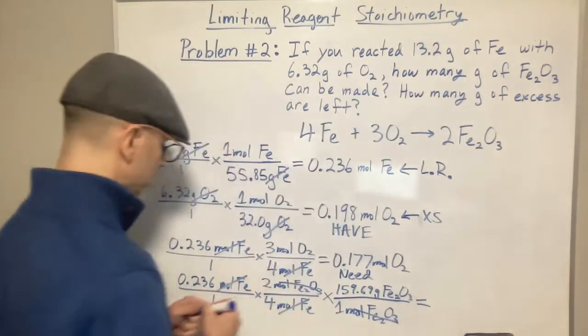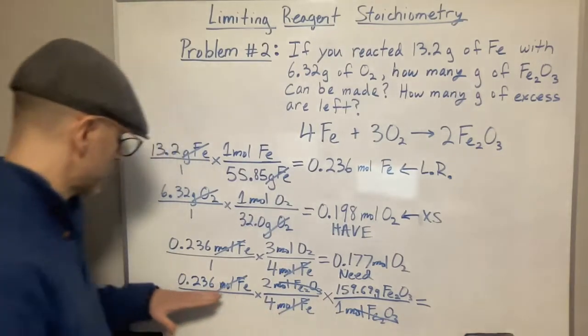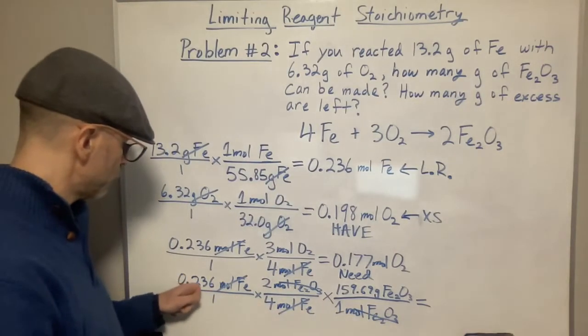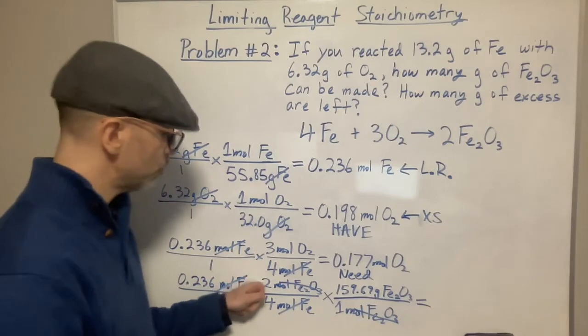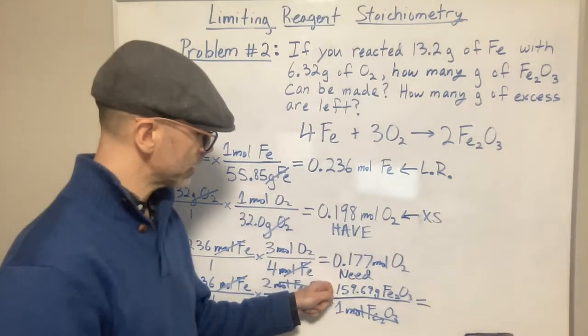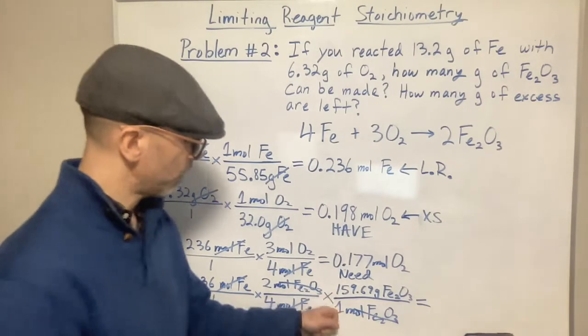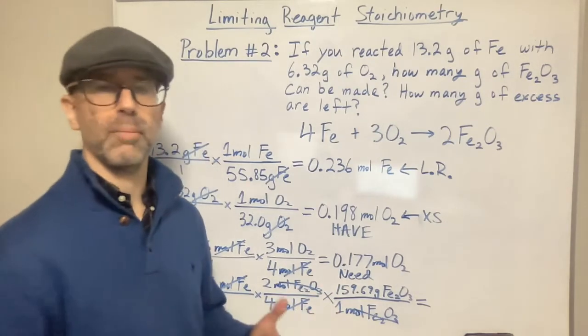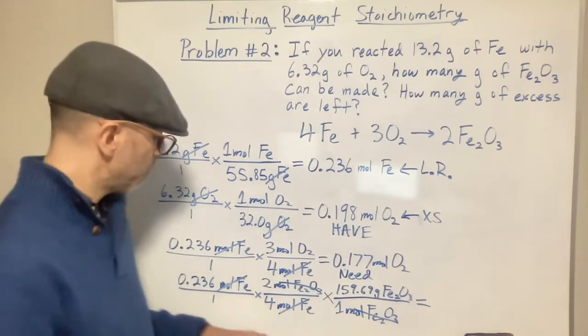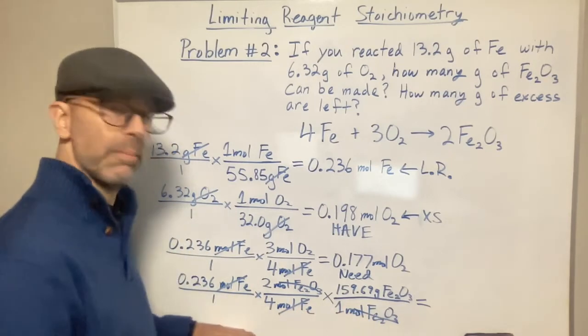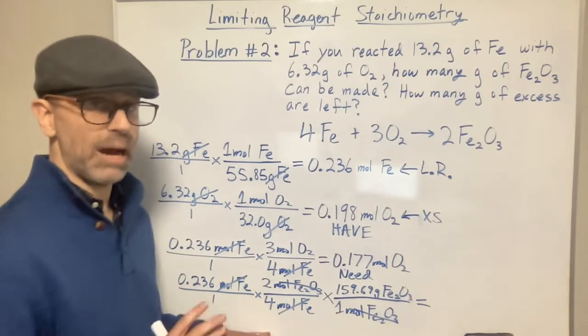So now to calculate the grams, all I need to do is multiply 0.236 times 2 times 159.69, and then divide by the bottom. Divide by 1, divide by 4, divide by 1. Of course, we don't need to multiply and divide by 1, but whenever you have anything on the bottom, you're going to divide by, not multiply.